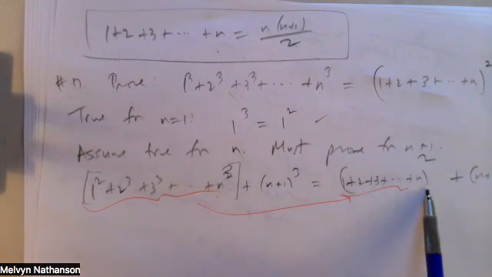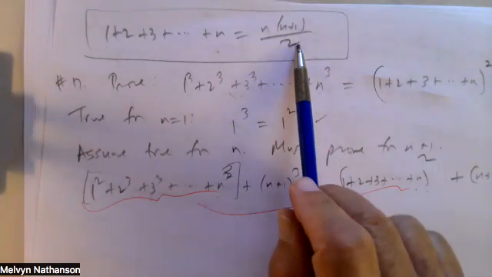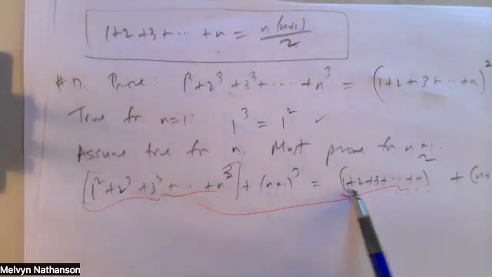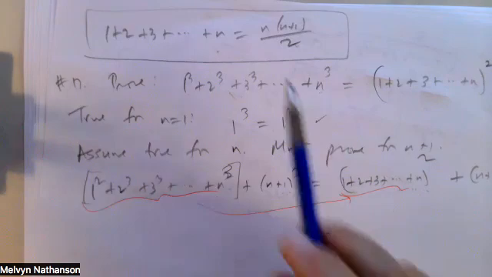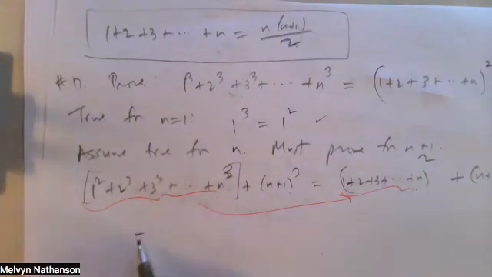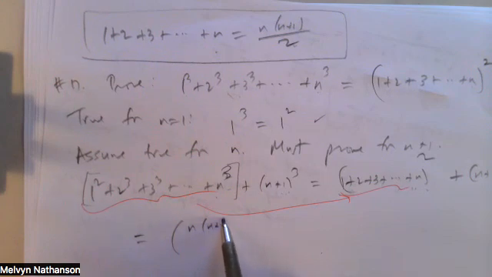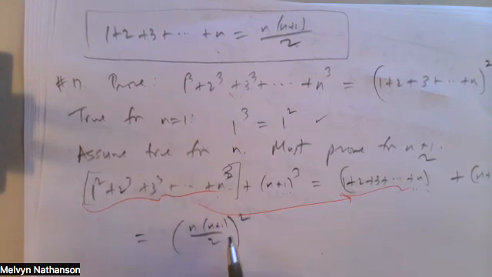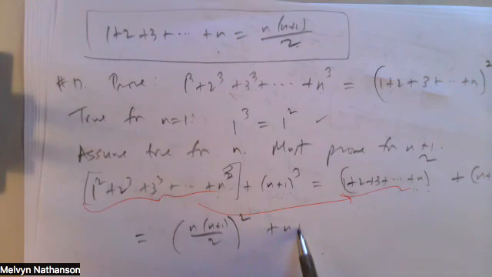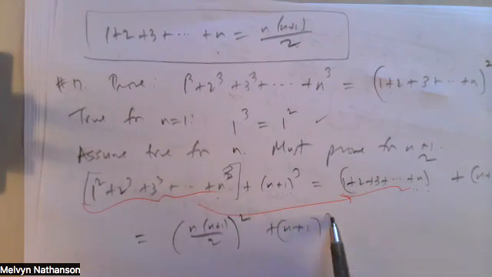But here I have the sum of the first n numbers, and I wrote a formula for that. This thing in parentheses is n times n plus 1 over 2. So this is n times n plus 1 over 2, squared, plus n plus 1 cubed.